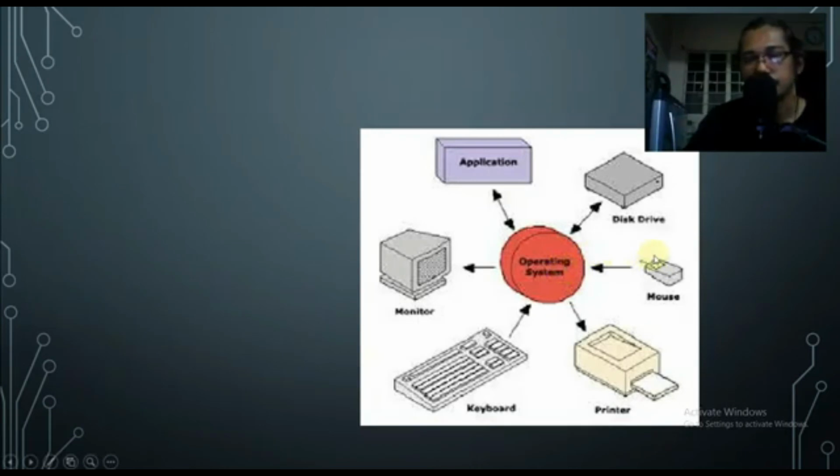Okay, so if you command your computer to save a file, the operating system will instruct the disk drive to save the file. Or you instruct the disk drive to open a file. So that's why the arrow here is vice versa. It can be input and output also. Application, for example, a game, yung mga nilalaro nyo dyan.